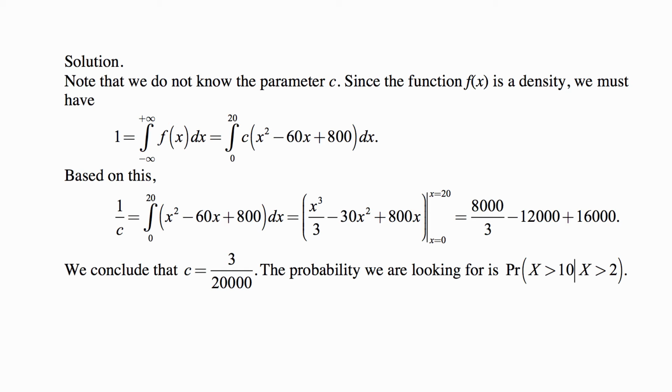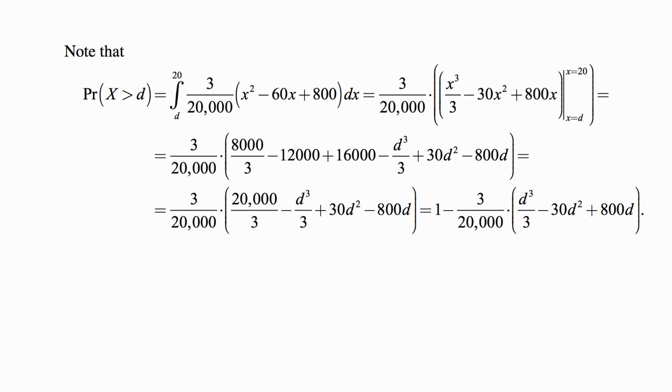And now we're looking for the probability that x is more than 10, given then that x is more than 2. Well, then let's figure out what the formula is for the probability that x exceeds a number, that's the probability that x is more than d. Assuming that d is a positive number, because it has to be for this probability distribution to make any sense.